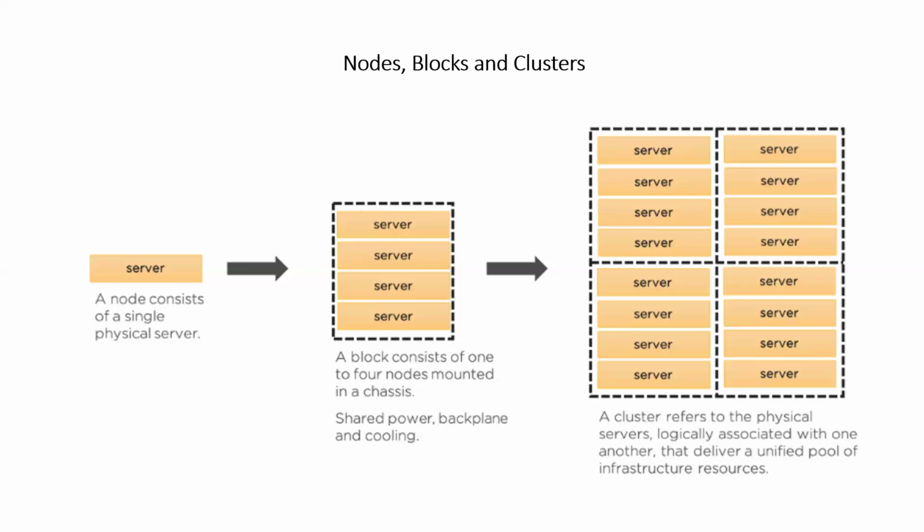For example, NX3060, I'm just giving you a model name. That is a 4 node block. In that block, we can insert a maximum of 4 nodes. We can have 3 nodes or 2 nodes, it's up to us, but maximum we can put 4 nodes in that block.